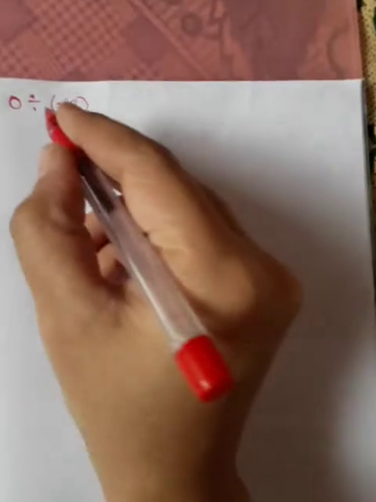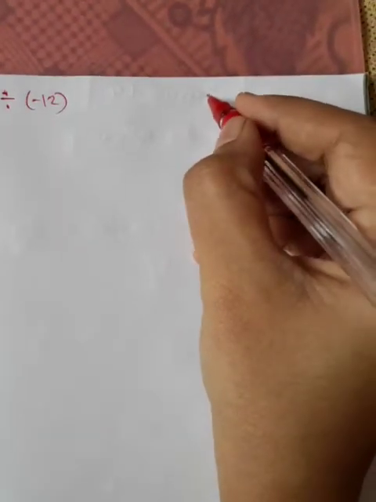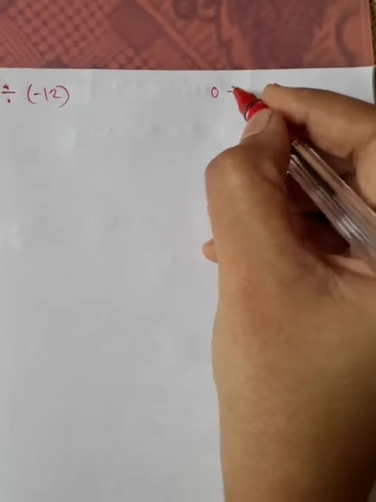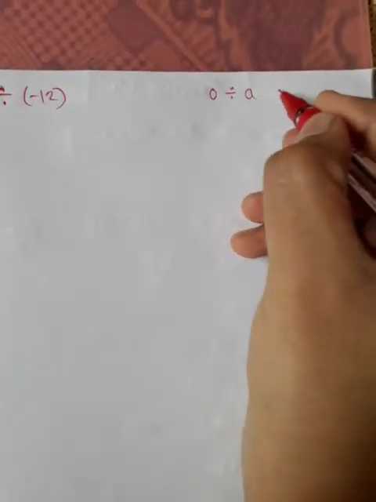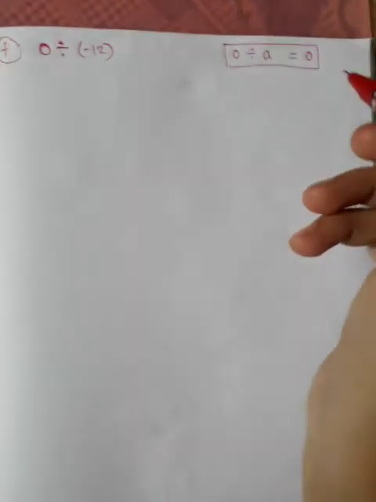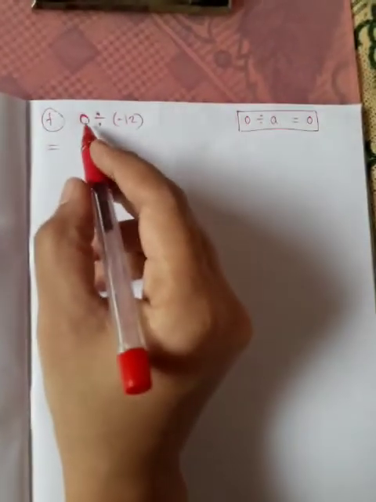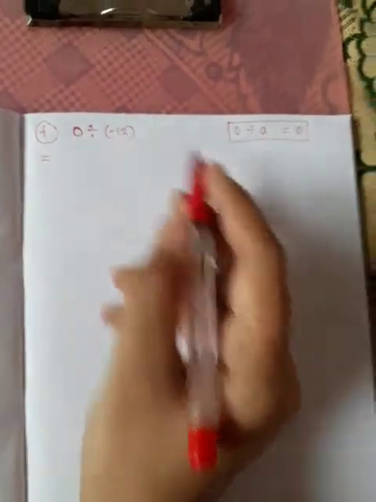So 0 divided by minus 12 means what? You know the property that when 0 is divided by any integer it gives you 0. We learned this property in the previous lecture: 0 divided by any integer gives you 0. So what is given here? 0 divided by minus 12.